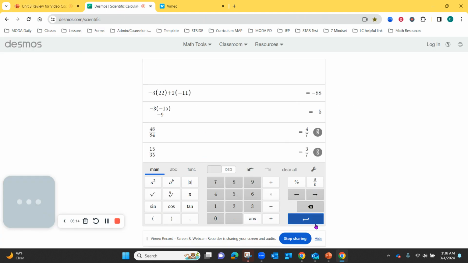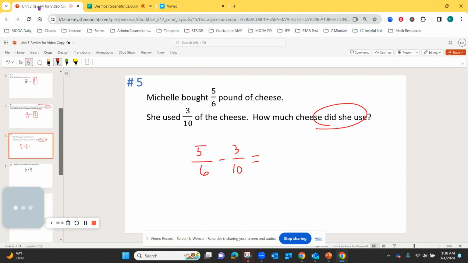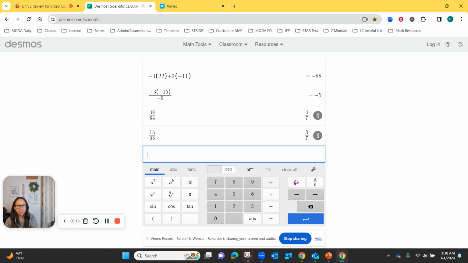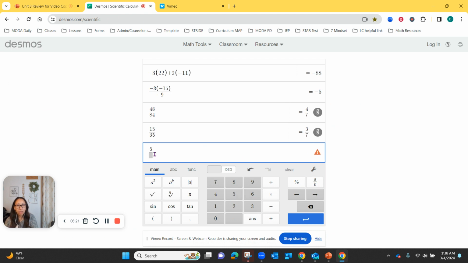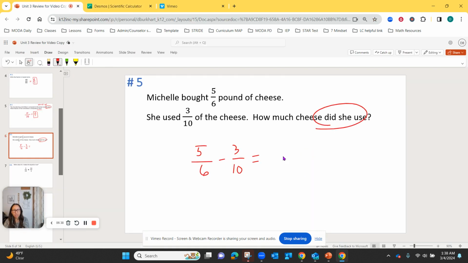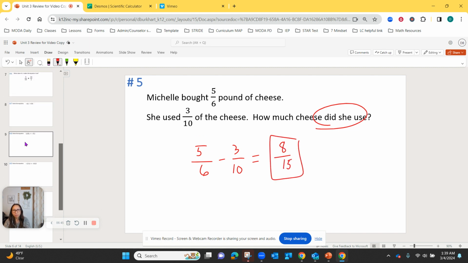So let's put it in our Desmos: 5/6 minus 3/10. Again, it's a decimal converted to a fraction, so it would be 8 over 15 of cheese that she used. All right, so there you have it for number 5.